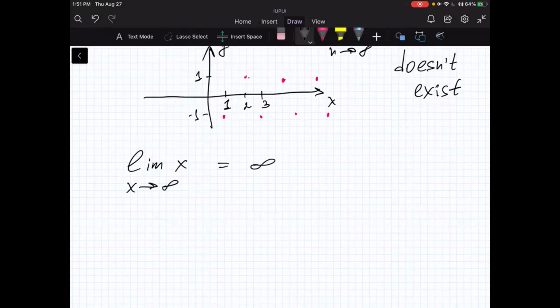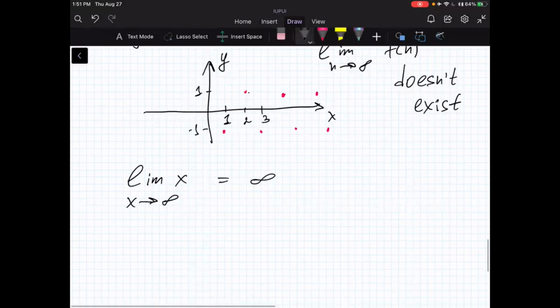In this case, we say that there is no finite limit.